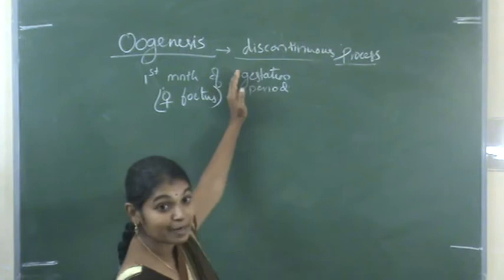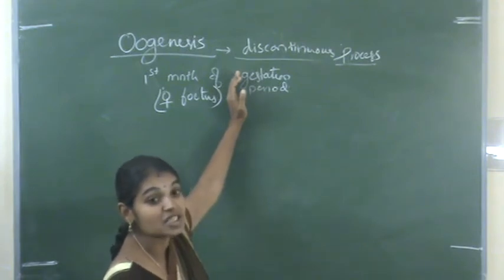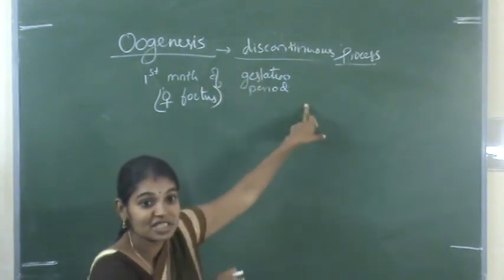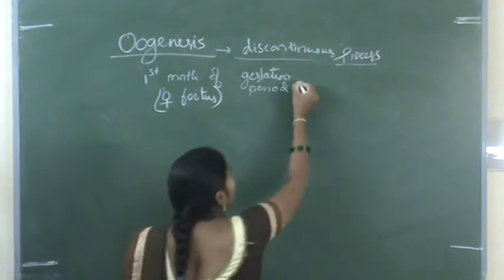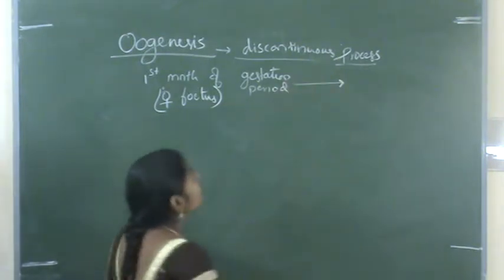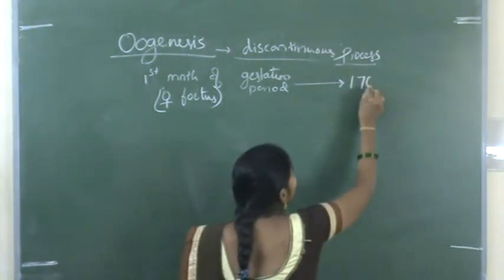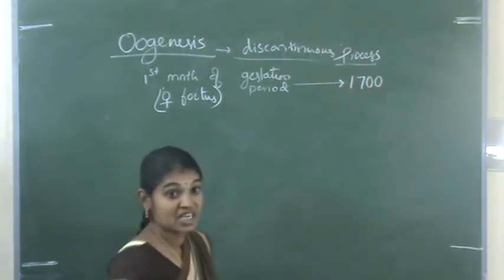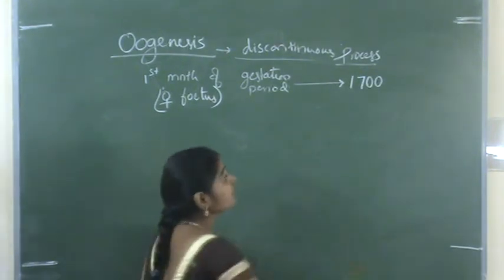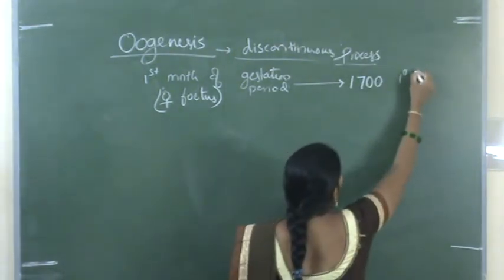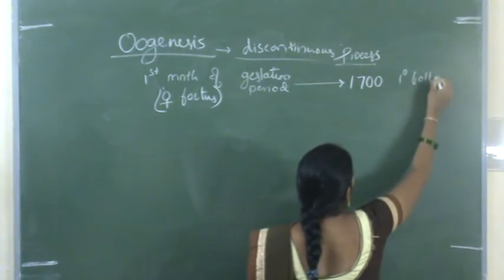But the oogenesis process starts at the first month of the gestation period. Here, at the first month of the gestation period, nearly 1700 primary follicles are formed.